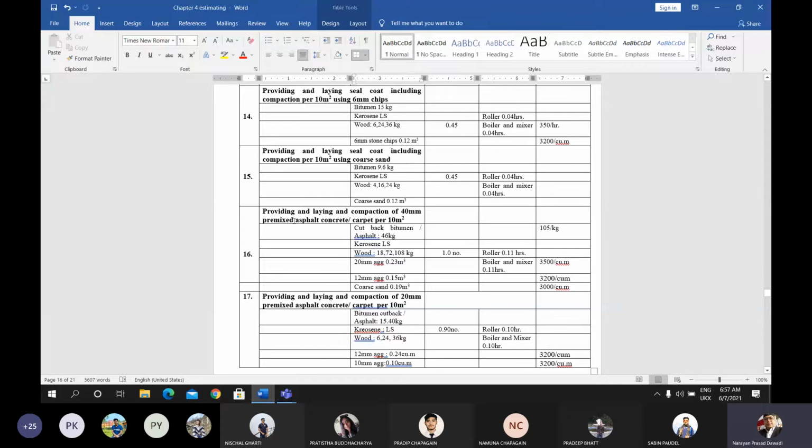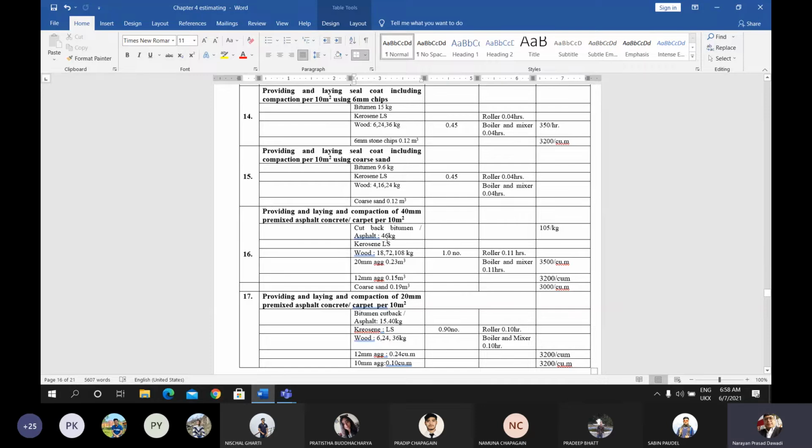If you see premix or asphalt concrete, bituminous concrete, it may also be asked as carpet macadam. So this is the important road surface, 40 for highways and 20 for municipal roads, generally provided in the present context.